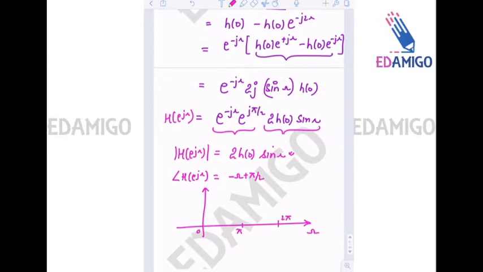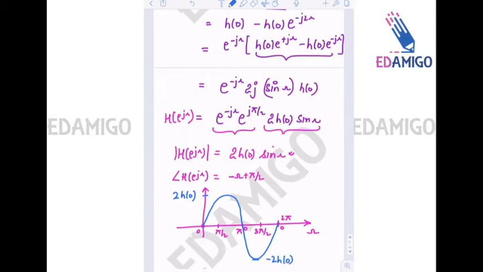So if I plot the magnitude, then we can see that the magnitude at 0 is 0, at 2 pi it is 0, at pi also it is 0, at pi by 2 it will be maximum because it's a simple sine curve, right? At 3 pi by 2 it will be negative maximum. So the plot will be like this. And the maximum value will be 2h0 and the minimum value will be minus 2h0.